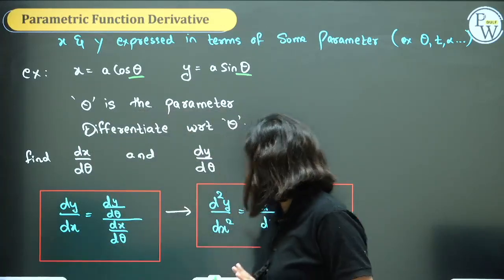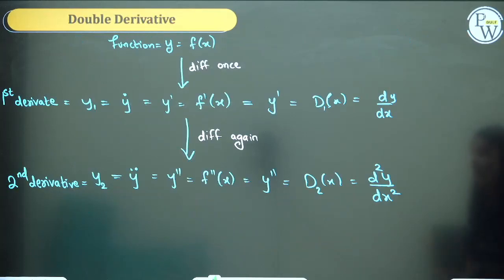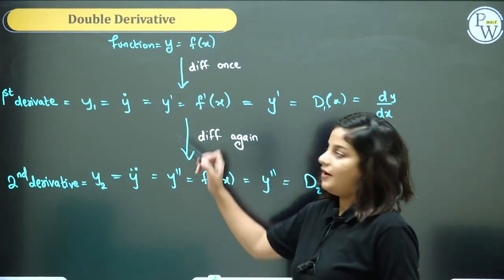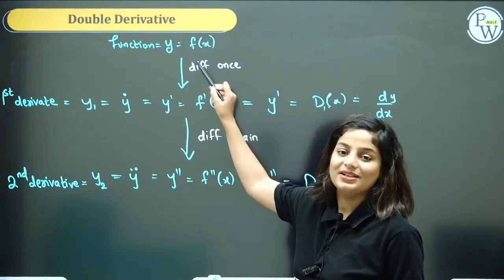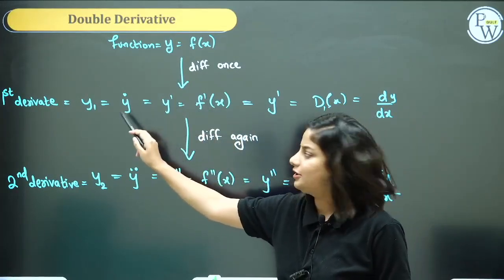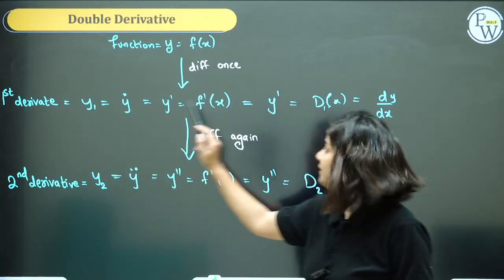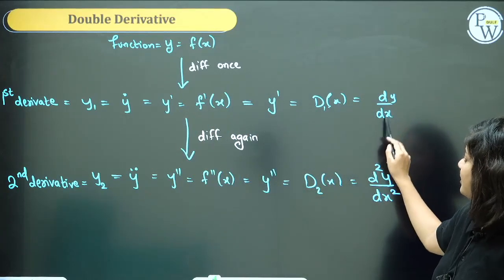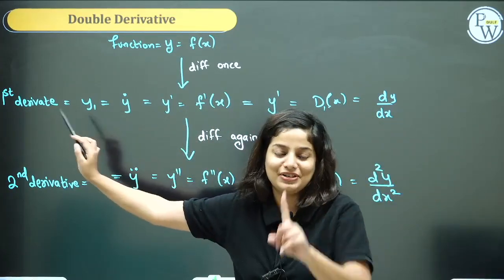And last, guys, second order derivative. A function is there, y equal to f of x. If you differentiate once, f dash of x, y dash, y dot, y1, first derivative, y prime, d1, dy by dx. These are different ways of writing first derivative.